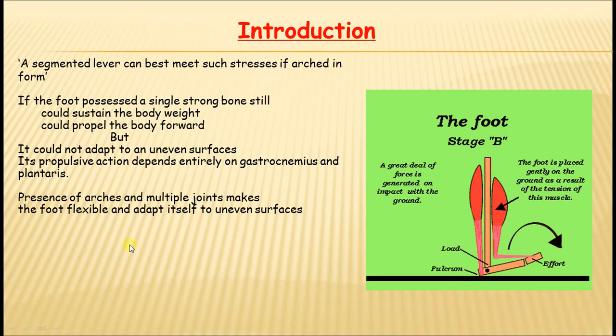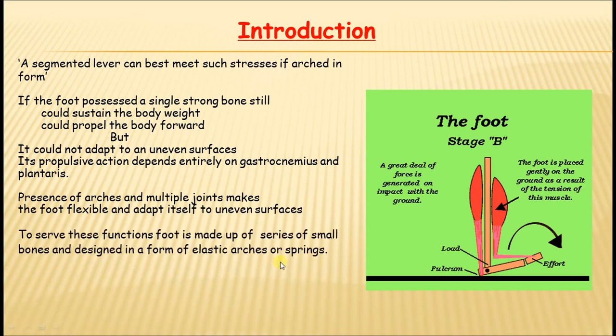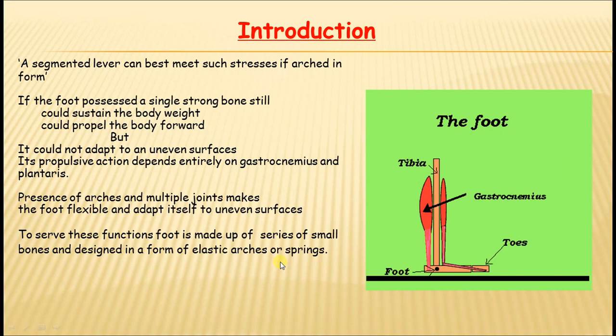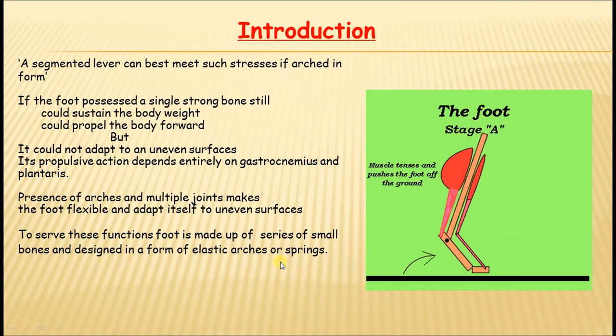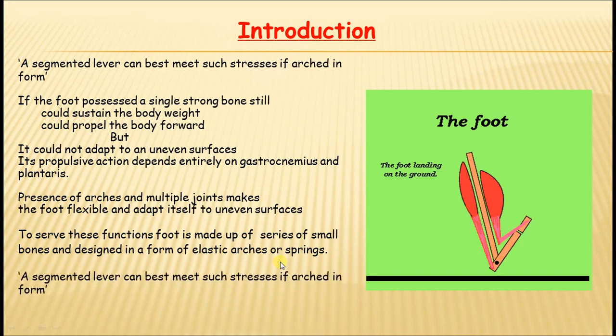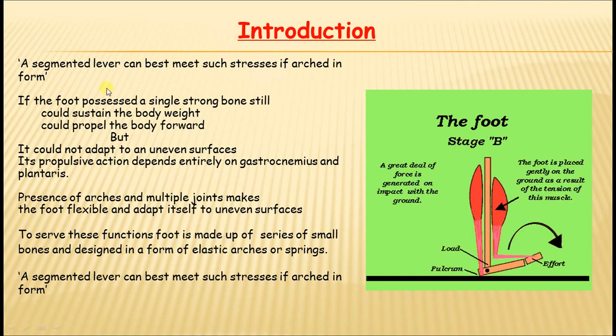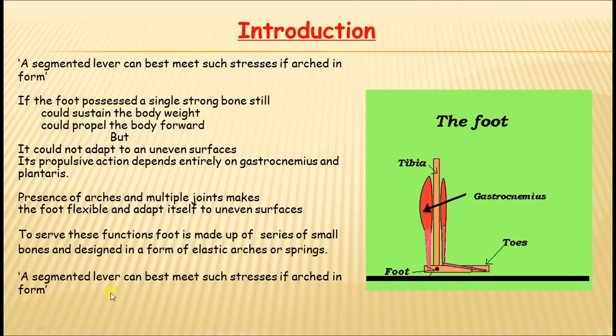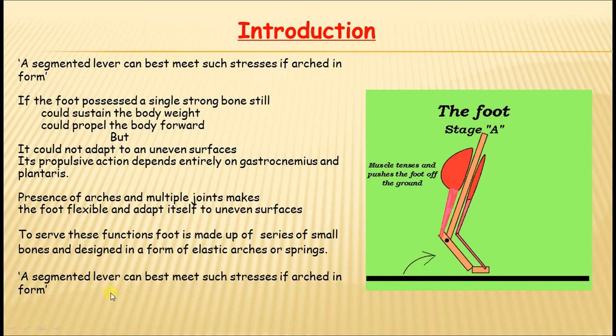To adapt and be flexible to uneven surfaces, it is made up of small bones, and these bones are supported mainly by the arches and the spring components, which we will be discussing in detail. So ultimately what we should understand is that a segmented lever, instead of a single lever, can best meet these stresses if it is in an arched form. So now we know why the foot is in an arched format.